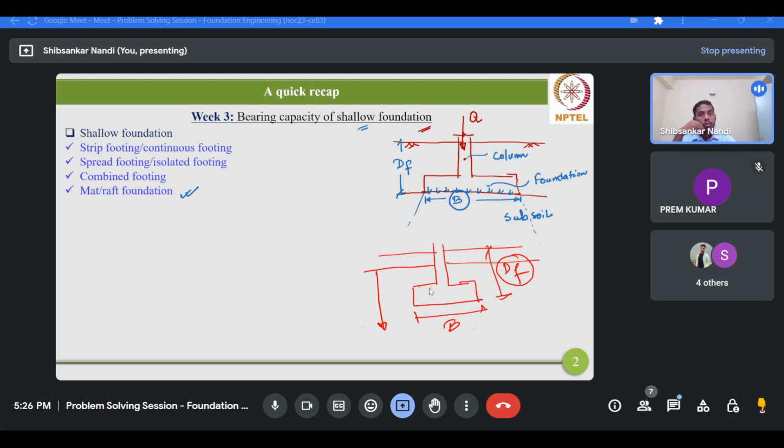But it doesn't mean that you are constructing a footing of this dimension Df by B at a very high depth. So essentially you have to backfill.